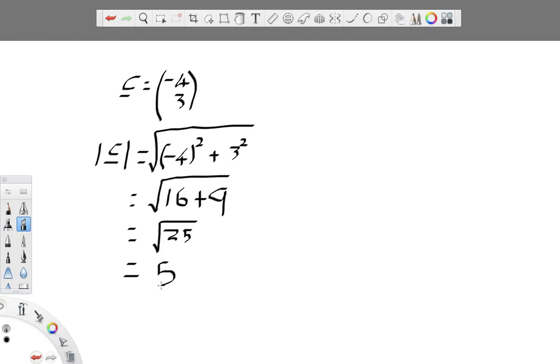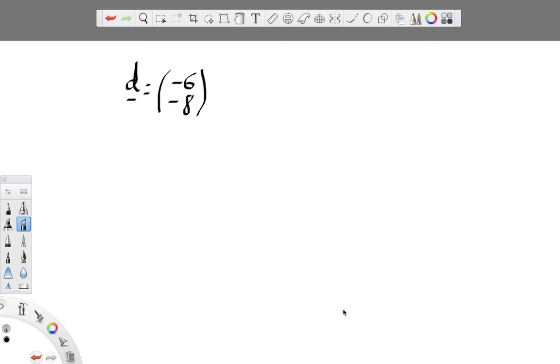So that was slightly different because we had a minus involved. So the next example we see is going to have 2 minuses. Now we have the vector D, and both of our horizontal and vertical components of this vector are now negative. So we'll see what happens there. So we calculate the magnitude. So it's minus 6 and minus 8. So it would be minus 6 squared. Again, I'm going to write that in brackets just to make it very clear what I'm doing. Plus minus 8 squared.